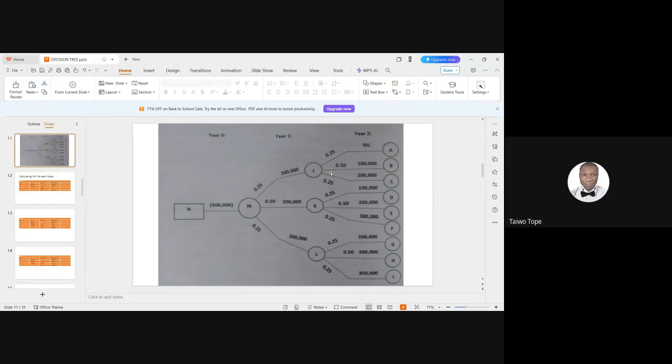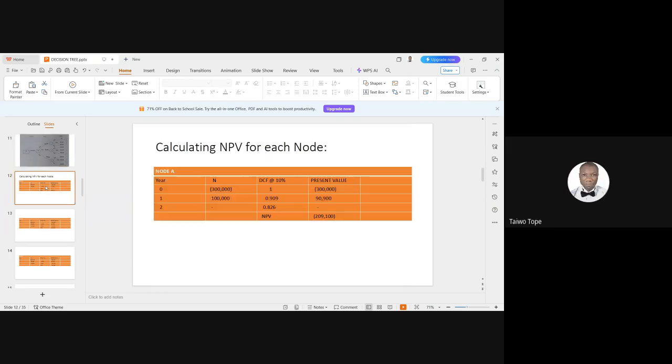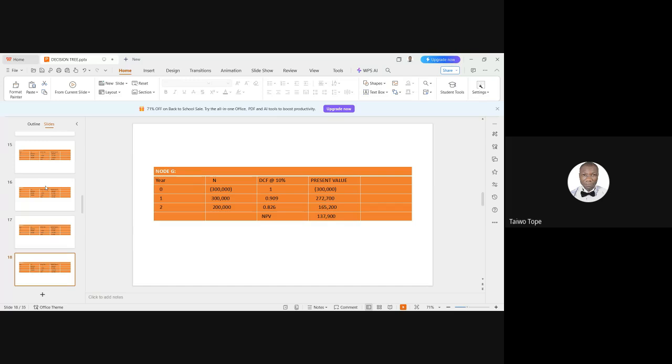For B, the NPV is what? The NPV is 126,500. Multiplied by 0.50 will give you the expected NPV. Okay. So let's go and show it so that we'll not waste much time.